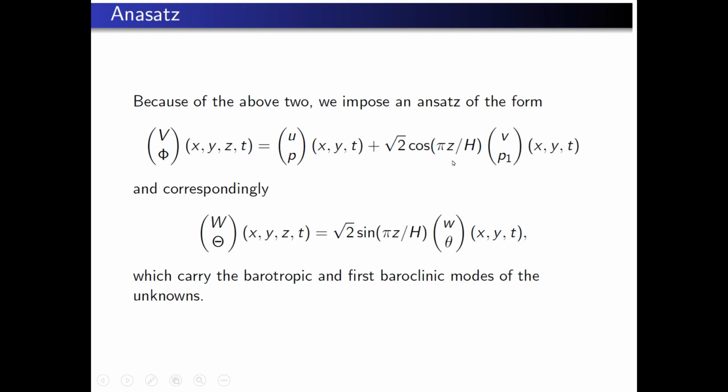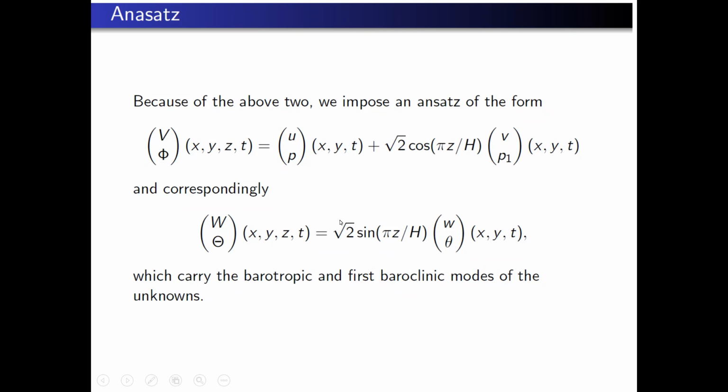So therefore, I look for a solution of this type, and then the corresponding W will be given by that, which carries the barotropic first and baroclinic mode, which are unknowns.